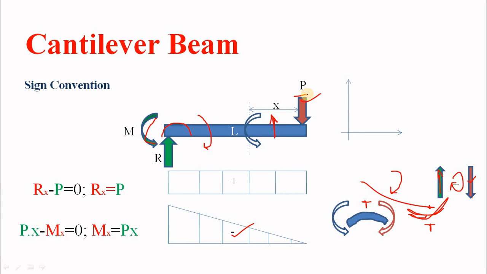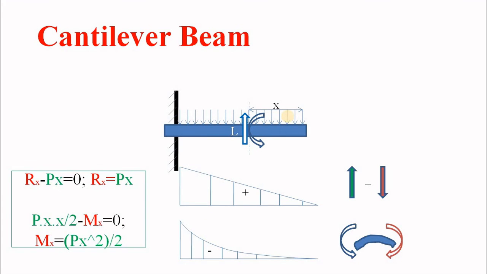Now it's time to analyze it for a uniformly distributed load. You can assume that there are an infinite number of point loads like this, from this free end to this fixed support. Similarly, again assume a section at a distance x from the free end. What is the vertical reactive force, or what is the shear force coming here?